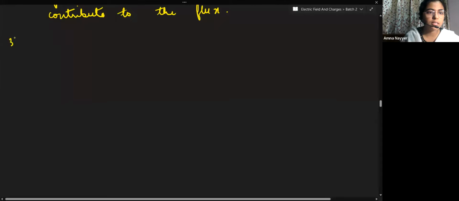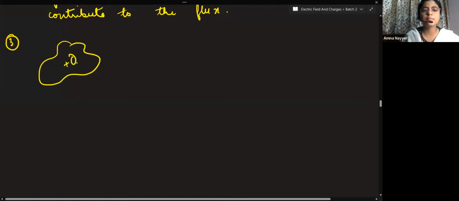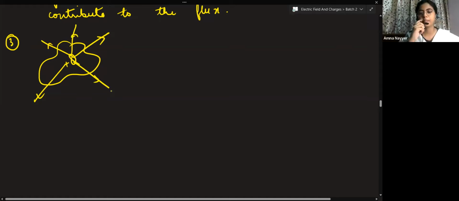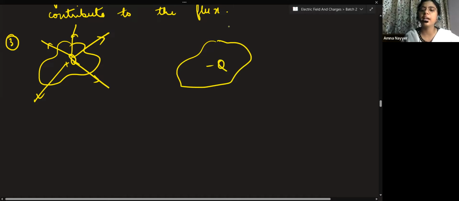The third property says, if you have an outward flux, as in this is plus Q. So for a positive charge, all the electric field will be in this manner. And opposite to it will be for the negative charge. If you have minus Q with you, then it will be inwards.